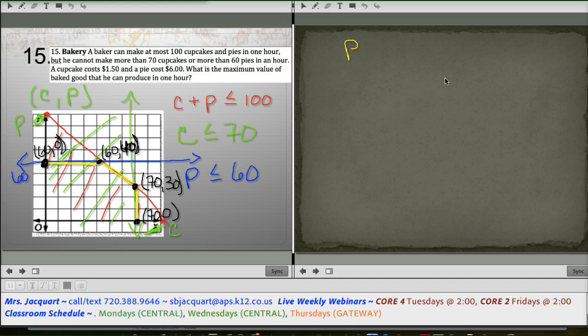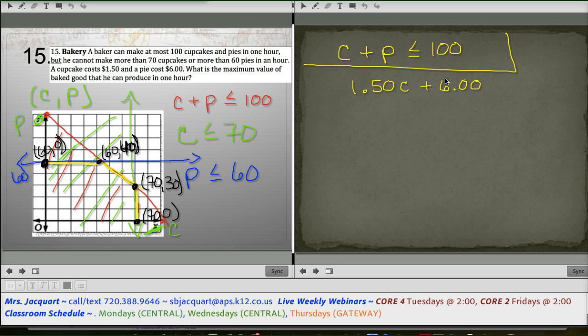So P plus C, I better do C plus P, has to be less than or equal to 100. Okay. But we have, how much are our cupcakes? $1.50 times our C plus $6 times our P. So what's that going to be?